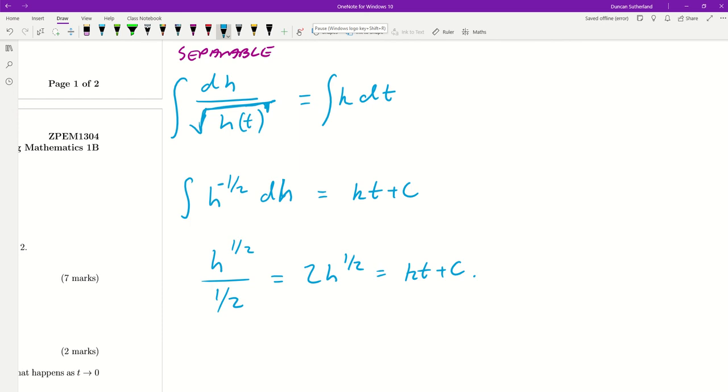All right. So I've now got two unknown things to determine. I've got my c and I've got my k. I know how to get c. The constant of integration is always found from the initial condition. So I can knock off c quite easily.